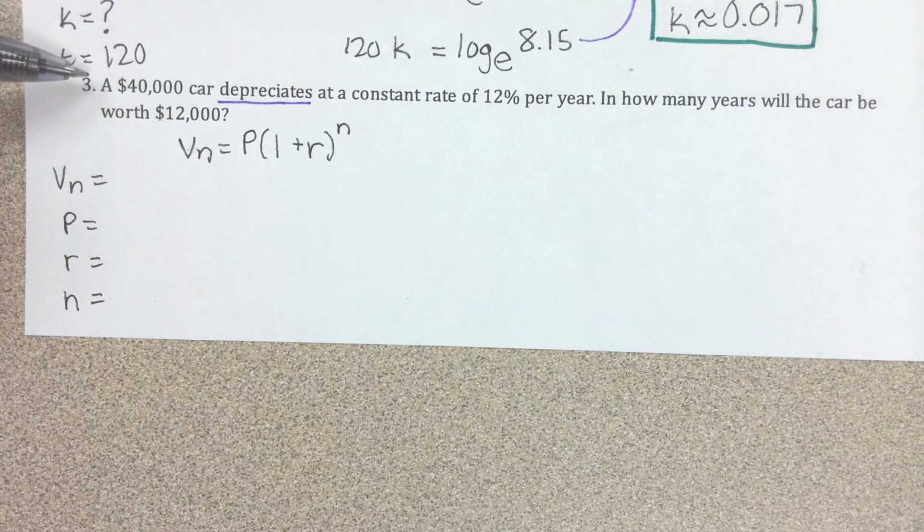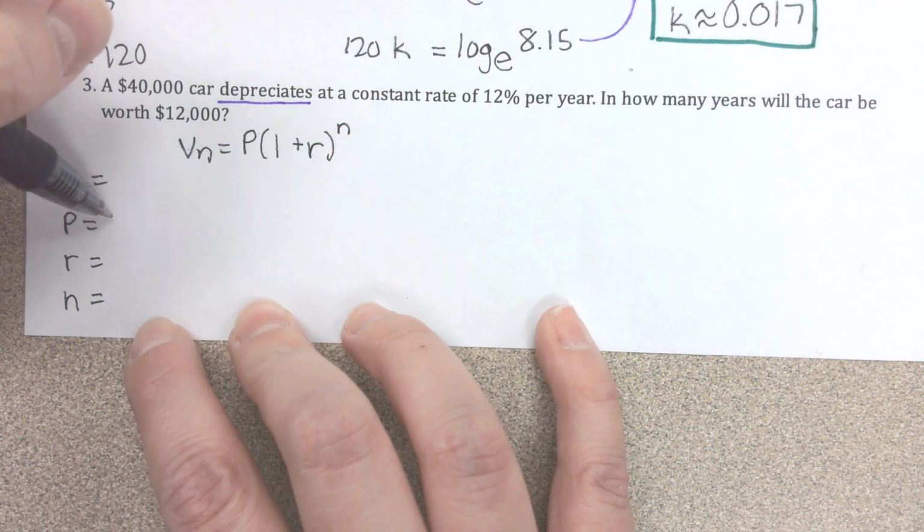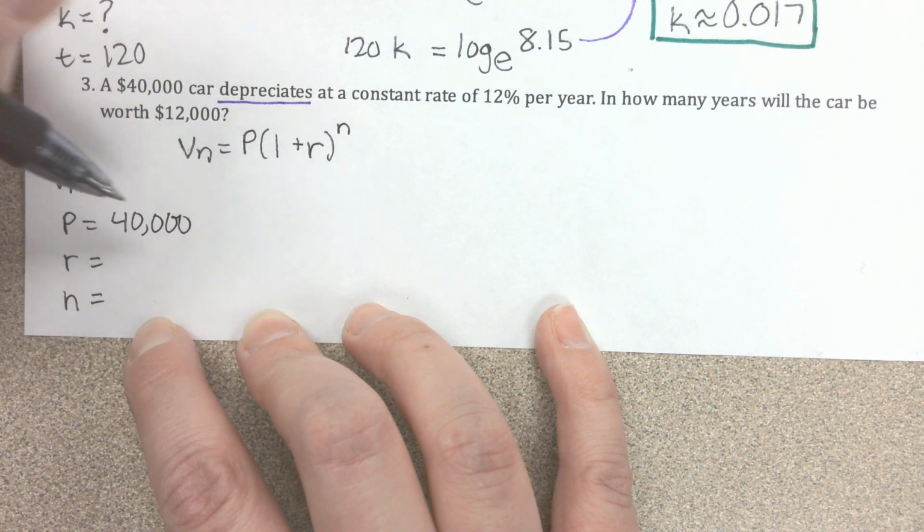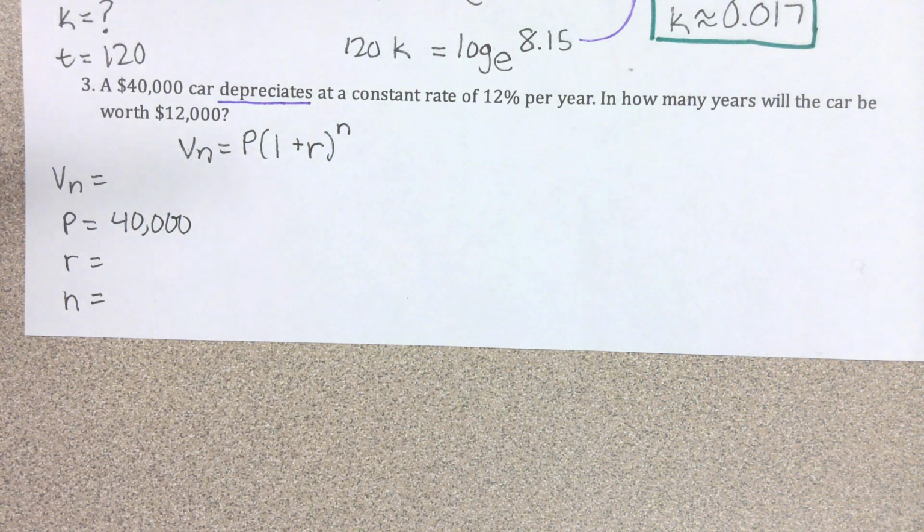So first we're going to start with the $40,000 car. That is the initial value. That's how much it was before. So P is the $40,000. And it depreciates at a constant rate of 12% per year. So the rate is 12%.